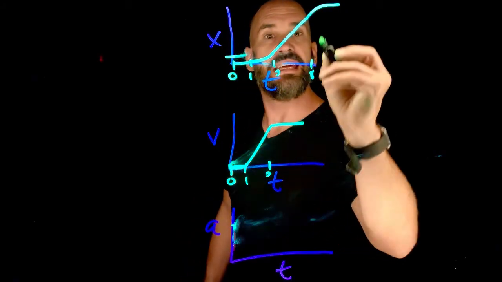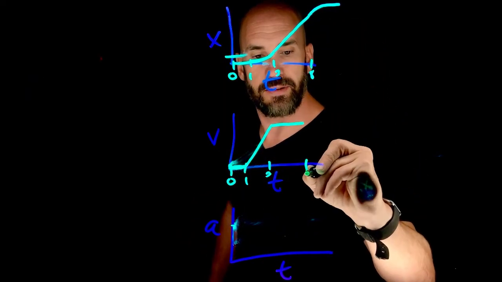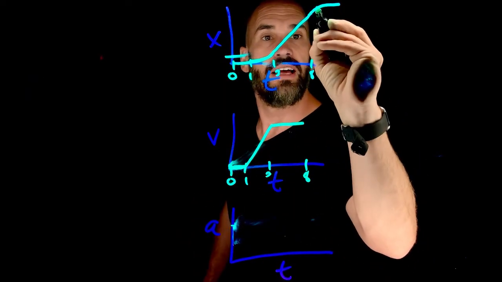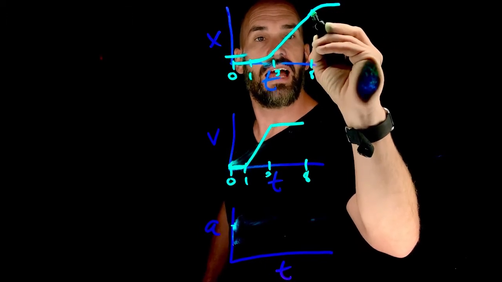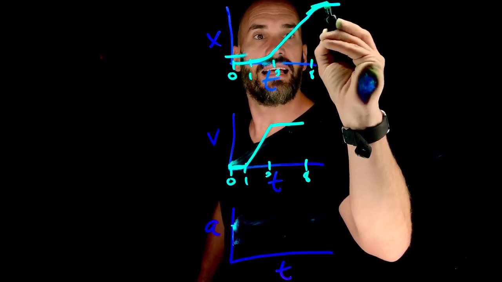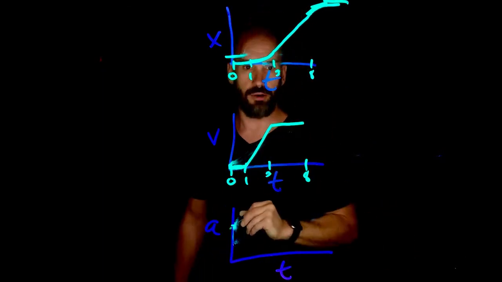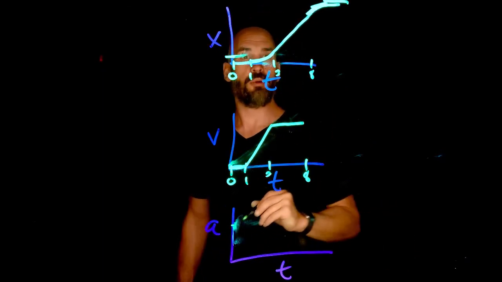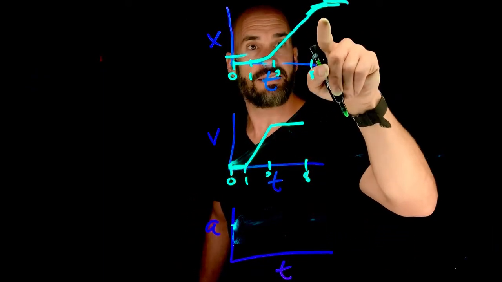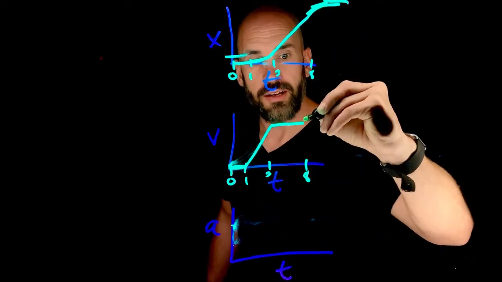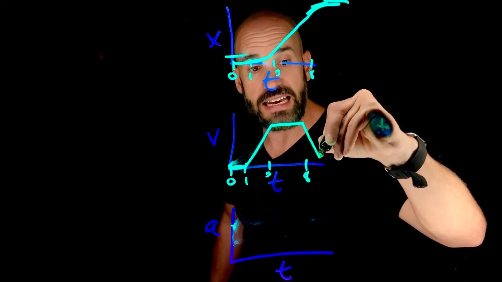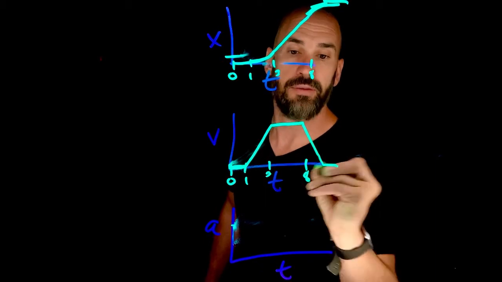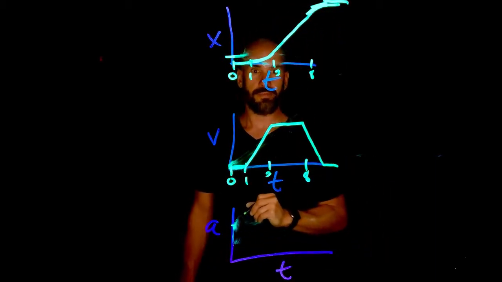Now, what happens here when we get past 8? Well, we have less slope, less slope, all the way to 0. So in other words, the velocity should be getting less and less, all the way to 0. So the velocity is going down. It's not negative, but it is going down, all the way to 0.